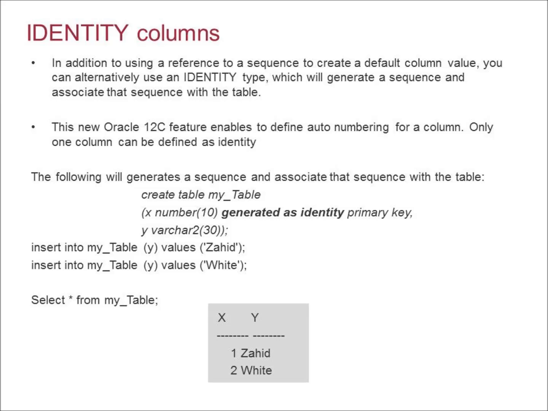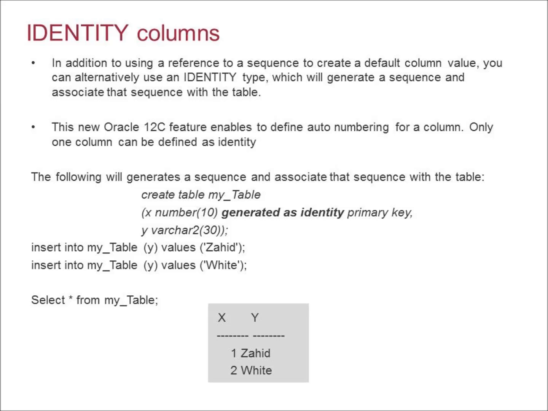The only caveat is that you can only have one identity column per table. So let's look at the example. The following will generate a sequence and associate the sequence with the table. So I'm creating my table with 2 columns, X and Y, and I'm making X my primary key, but I'm generating it as an identity column.